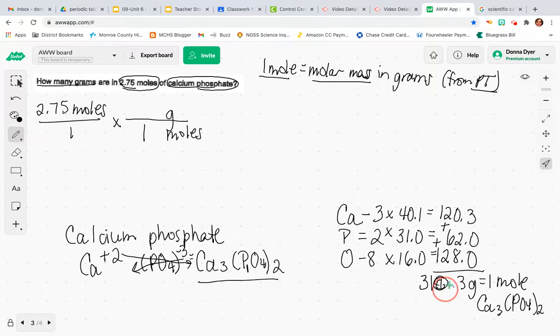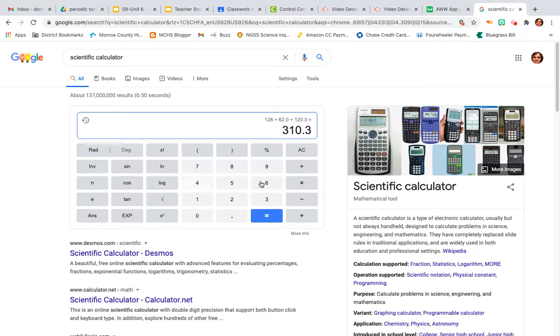So now, guys, this is my conversion factor. 1 mole, grams, 310.3 in front of grams in the conversion factor, 310.3 in front of grams in my problem. Moles cancels out. Now we're going to multiply. 2.75 times 310.3. 310.3 times 2.75 gives us, and again, we're going to do 2 places past the decimal here, 853.32.